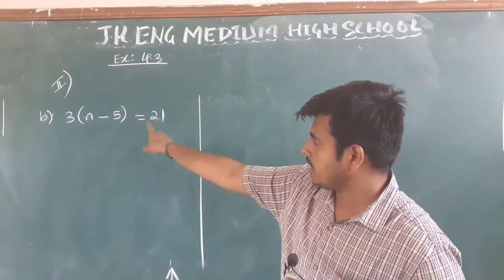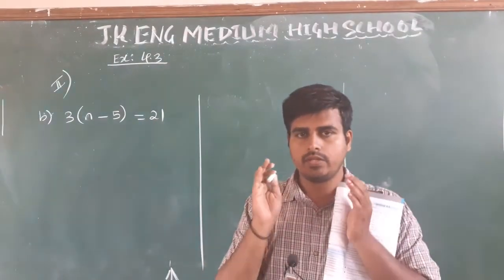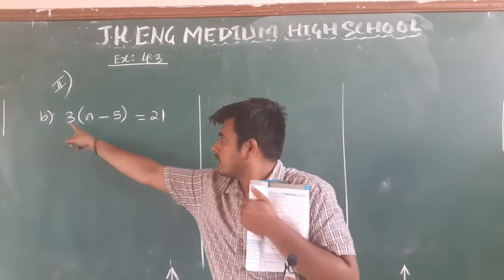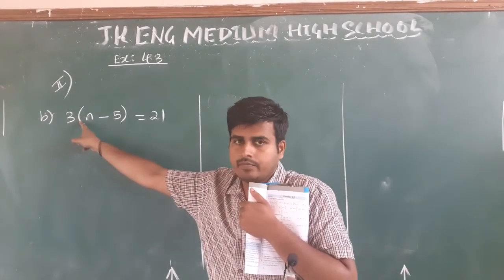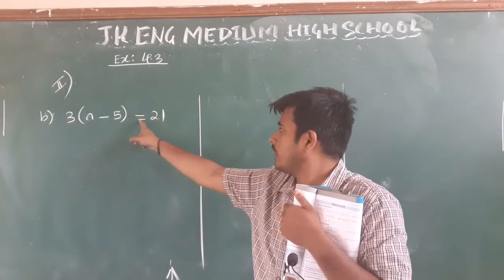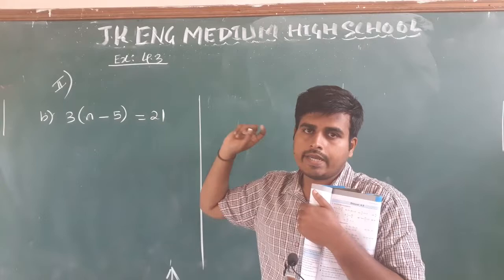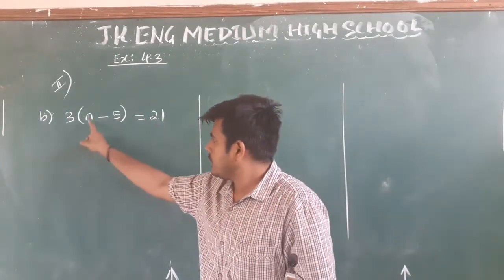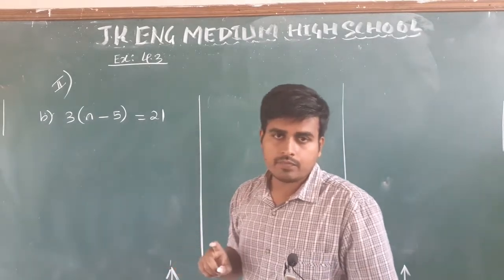This n minus 5 is one single unit because it is inside a bracket, and this 3 is multiplied to this bracket, with the equality sign and 21. I need to find the solution of the equation, which means I need to find the value of n.